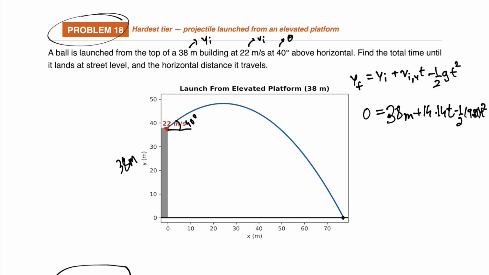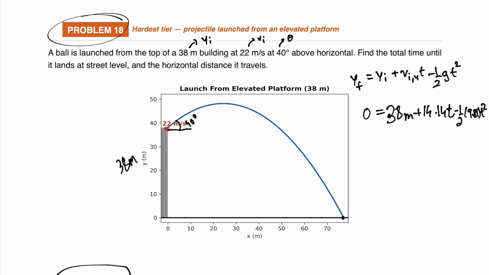And then you just plug this into your calculator, okay? You could either use the quadratic formula, or you could just use a graphing calculator and see where this hits 0, which is what I'm going to do right now. Because usually for tests like these, they allow you to have your graphing calculator. Of course, you could also just solve it using the quadratic formula, but this is a bit easier.